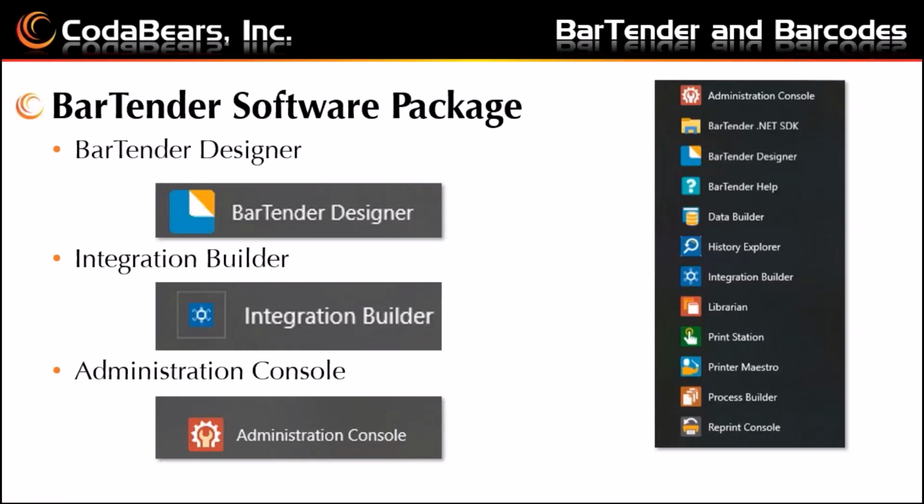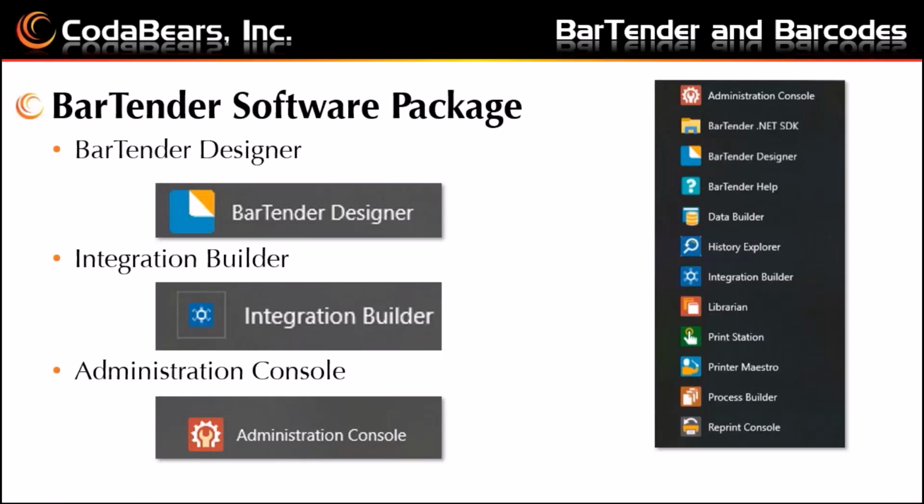what we'll discuss today. BarTender Designer is used to design labels based on generic labels provided by Epicor, or custom labels designed by you, and general input labels designed by you. Integration Builder is the program that's used to set up the automation for label files and processing them.